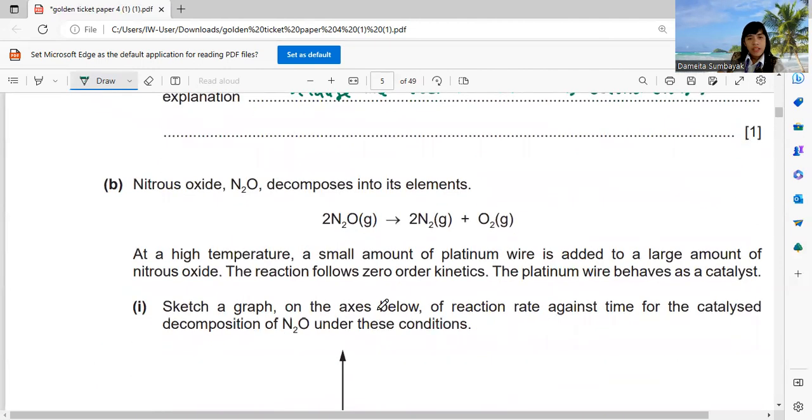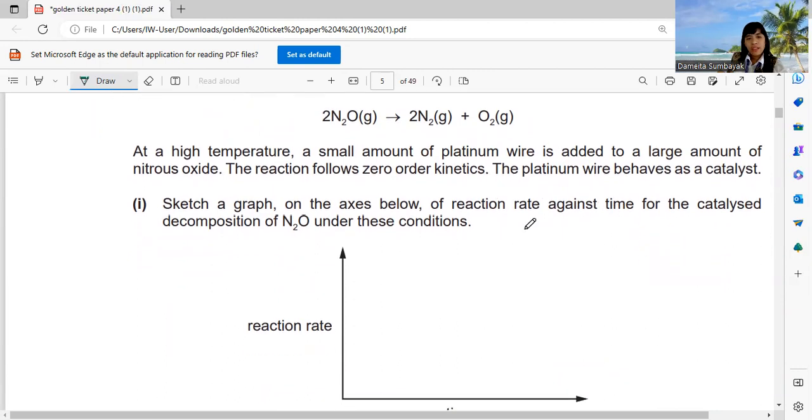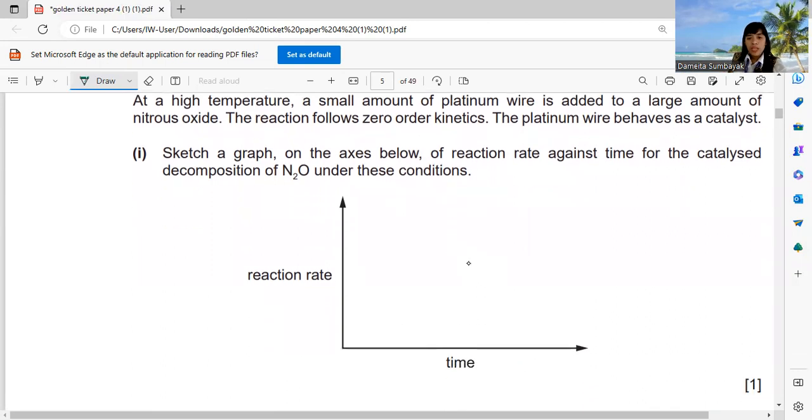Okay, nitrous oxide, N2O, decomposes into its elements. Sketch a graph on the axes below of the reaction rate against time for the catalyzed decomposition of N2O under this condition. In here, the x-axis is time and the y-axis is reaction rate.